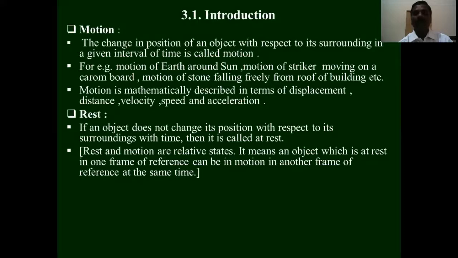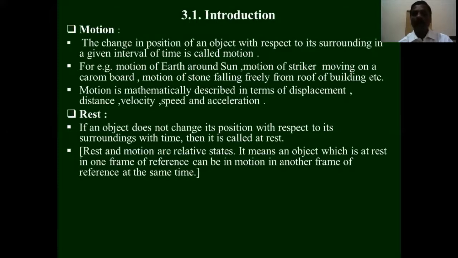I will give you one example regarding this. Suppose the car is in motion, then the driver is said to be at rest with the motion of the car, when we consider the car as the frame of reference.